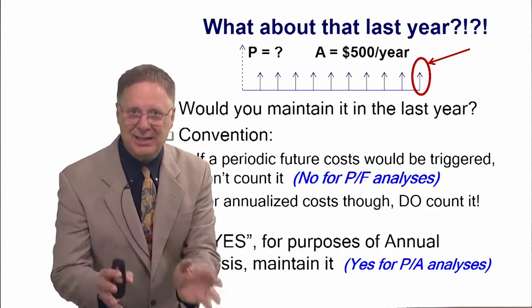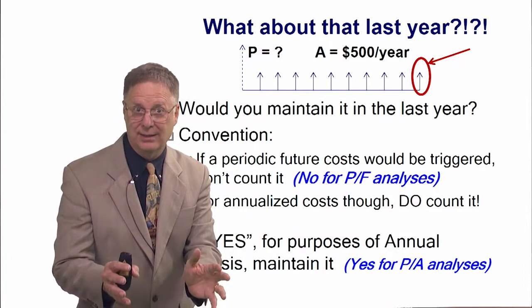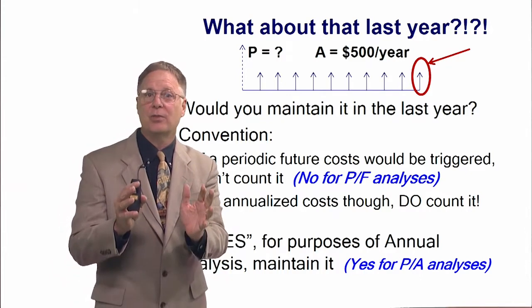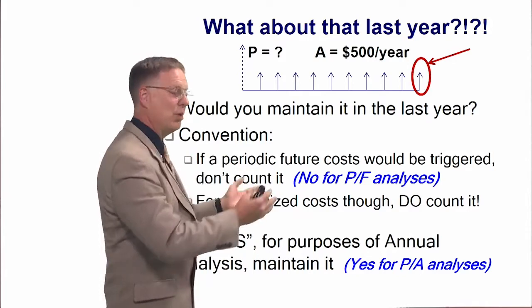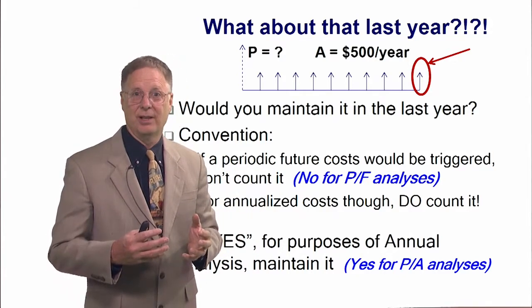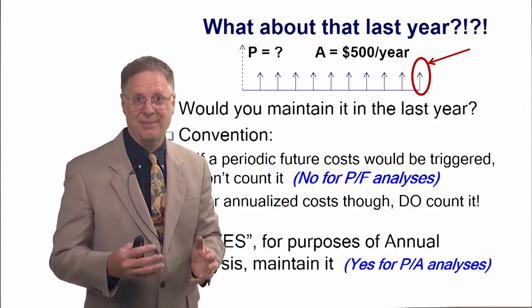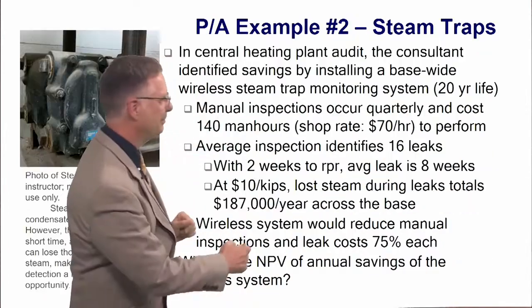Really, I'm complexifying the problem. I'm giving you more equations at that point. And goodness gracious, we don't need more equations. This is an approximation process to be able to enable us to make decisions, and it should be a quick process. So the convention, again, you count all the way through.